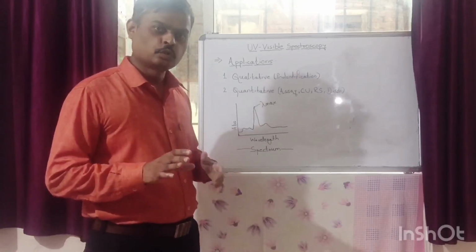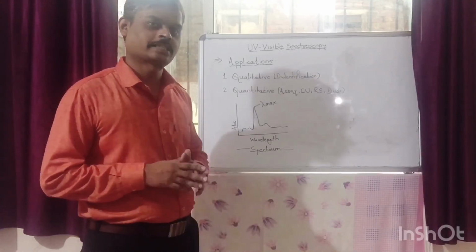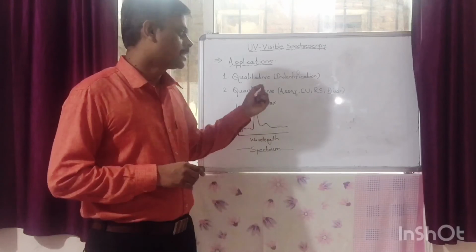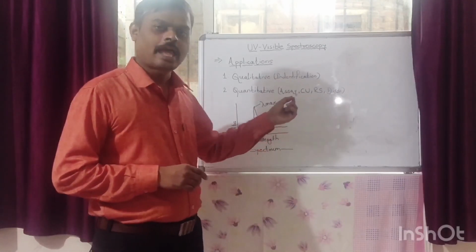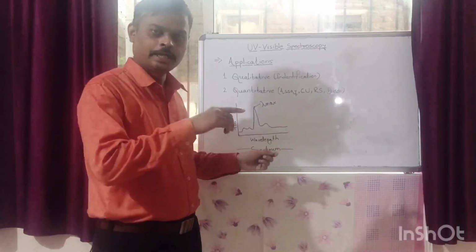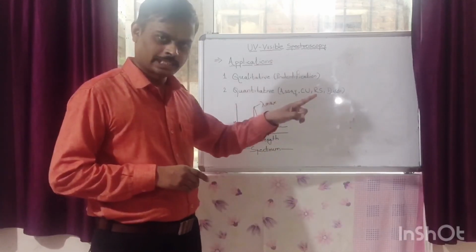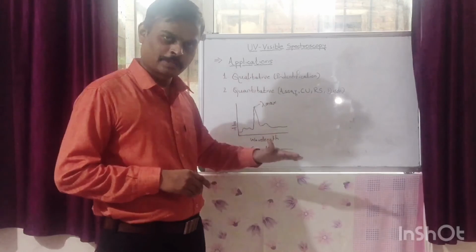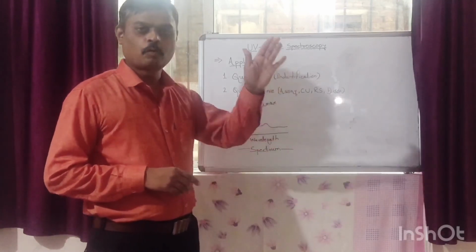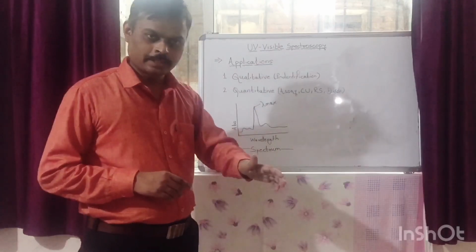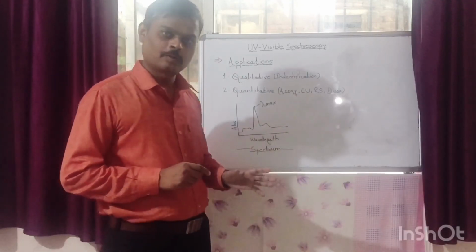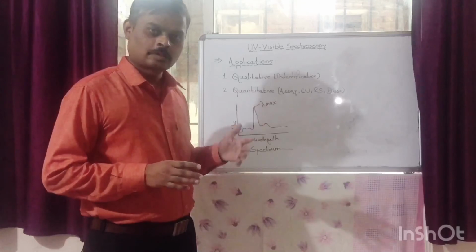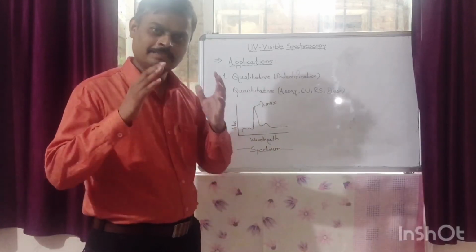The formula to determine the unknown concentration will be: absorbance of sample divided by absorbance of standard, into standard concentration divided by sample concentration, into potency of standard divided by 100, into 100. By using this formula, you can determine the concentration of your sample in percentage.